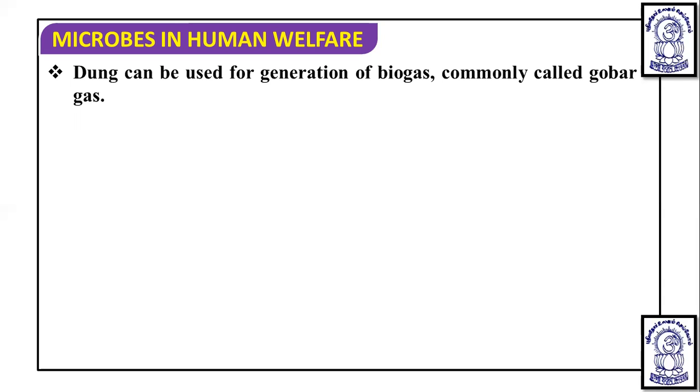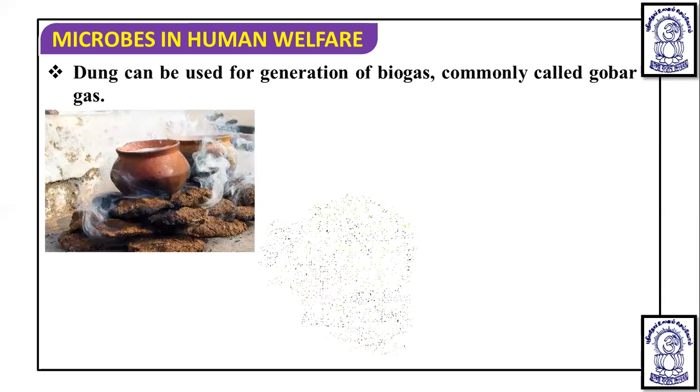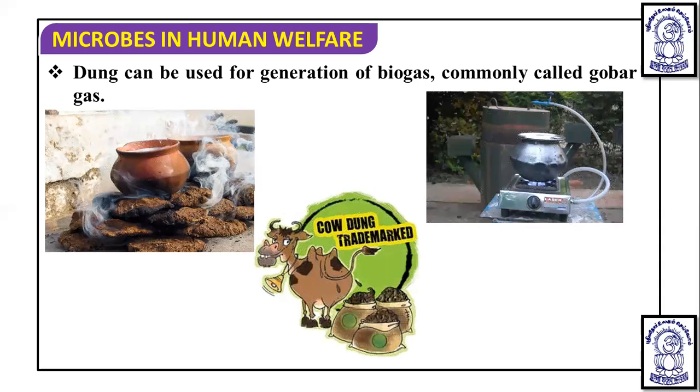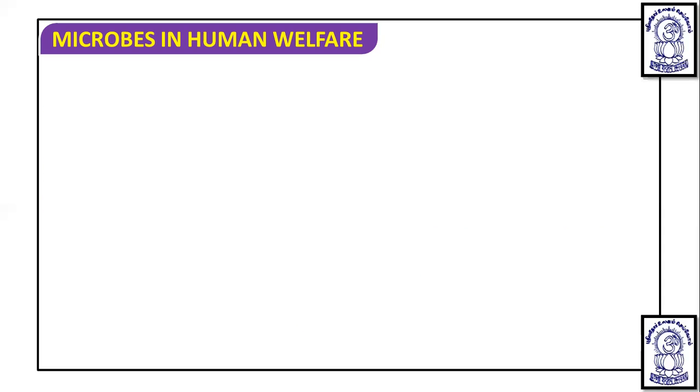So when this is used in the production of biogas, this treatment is known as biogas production. This gobar is used here for the production of biogas, so we call it the gobar gas plant or biogas plant.